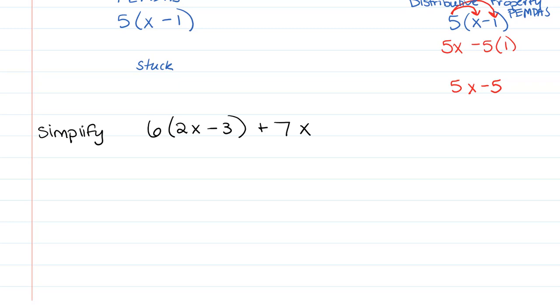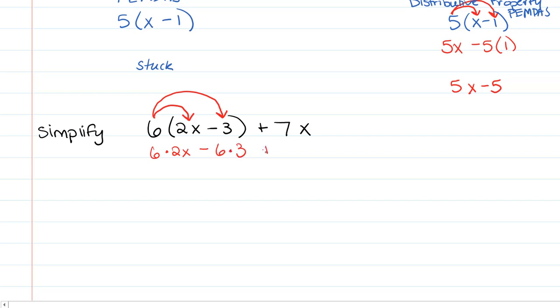But since we can distribute, I'm going to do 6 times 2x and 6 times negative 3. So I'm starting off with my distributive property. 6 times 2x minus 6 times 3. I'm going to tack on this plus 7x.